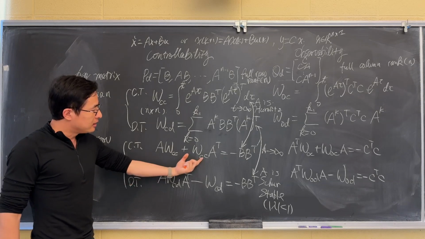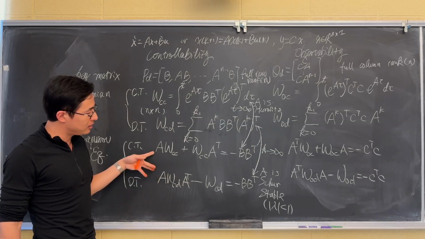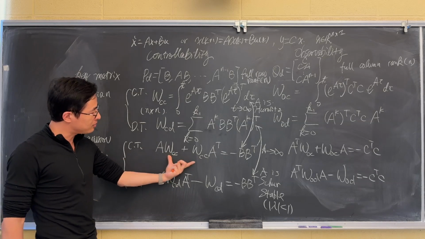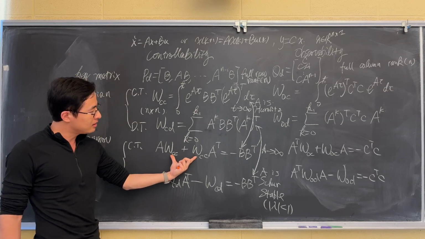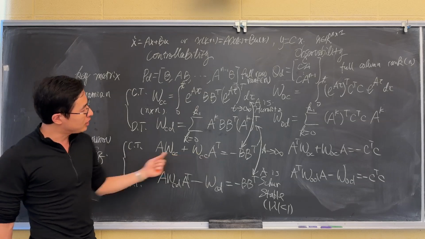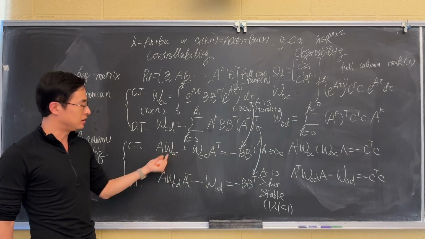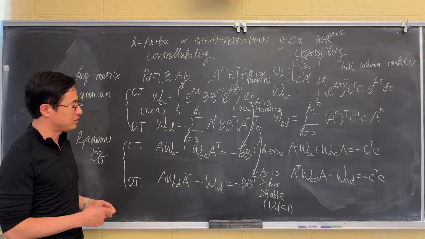We said the Lyapunov equation can be written in many ways. Anything that has this structure is linear with respect to the matrix that you want to solve, W in this case, and it has A transpose on the left and on the right hand side of these quantities over here. That is a Lyapunov equation.